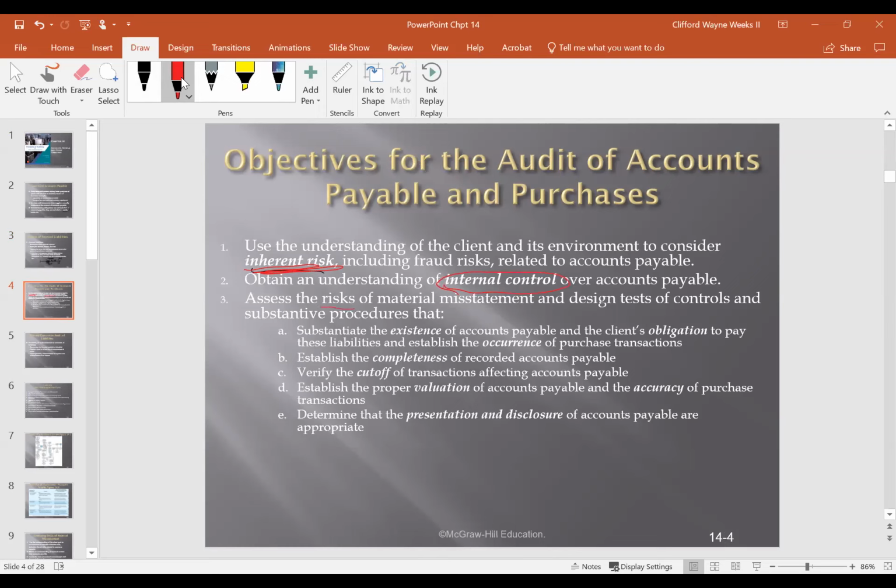Assess the risks of material misstatement and design tests of controls and substantive procedures. Again, we want to substantiate the existence, establish the completeness, verify the cutoff and proper valuation and accuracy, and then also make sure that we have the proper presentation and disclosure. The objectives are the same for each item that we audit.